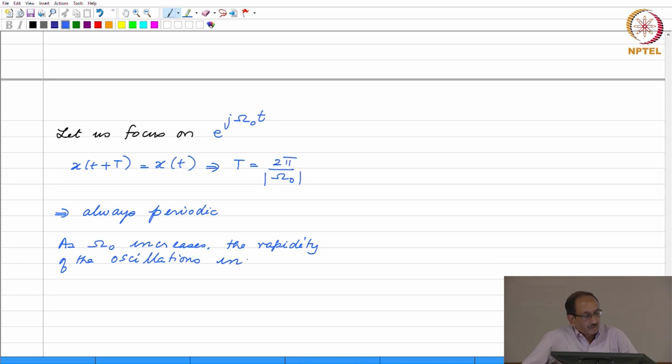It will also increase. The rapidity of the oscillations increases, and there is no upper bound on omega naught, right? Mod omega naught, there is no upper bound. So, omega naught belongs to the interval 0 to infinity.